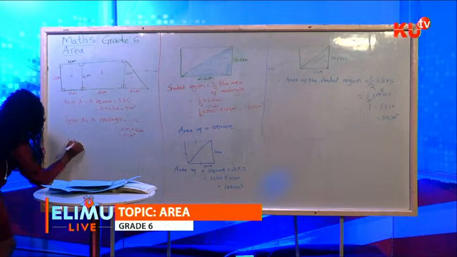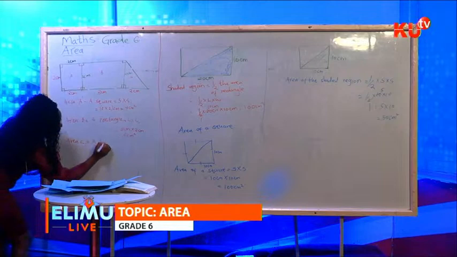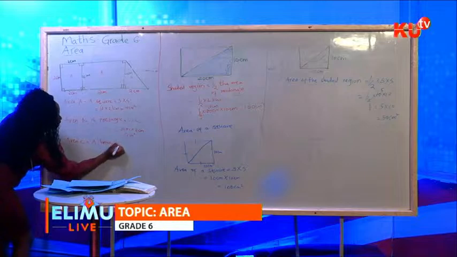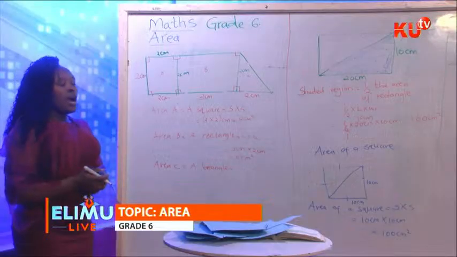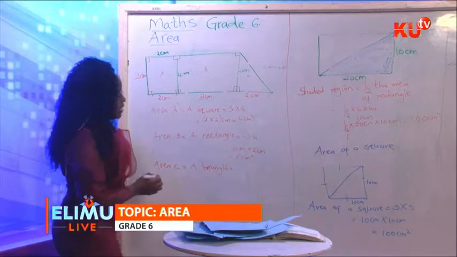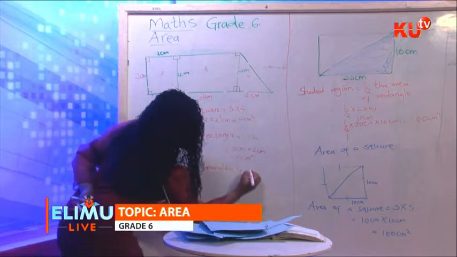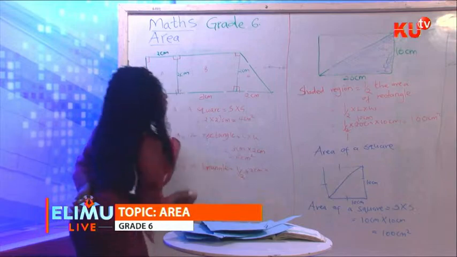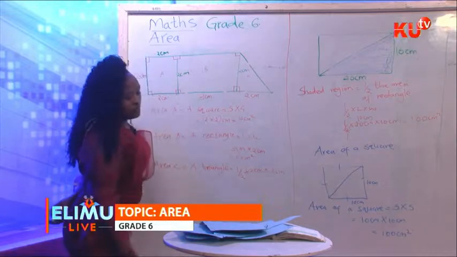Then lastly, we look at area C. Area C is a triangle. And we said the area of a triangle is equal to a half the area of a rectangle, which will be a half multiplied by length, which is 2 centimeter, multiplied by width here, which is 2 centimeter.